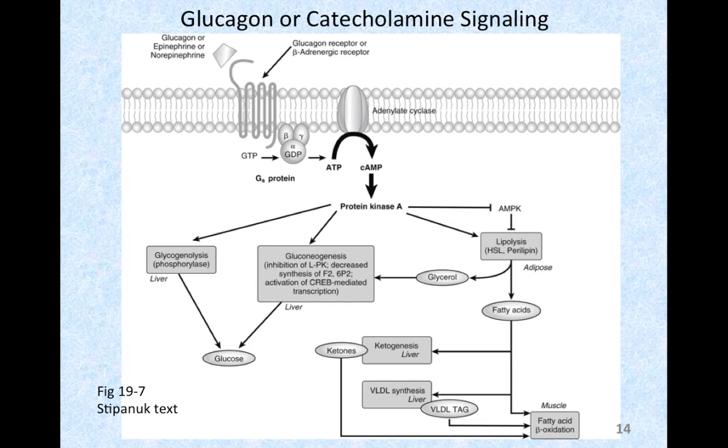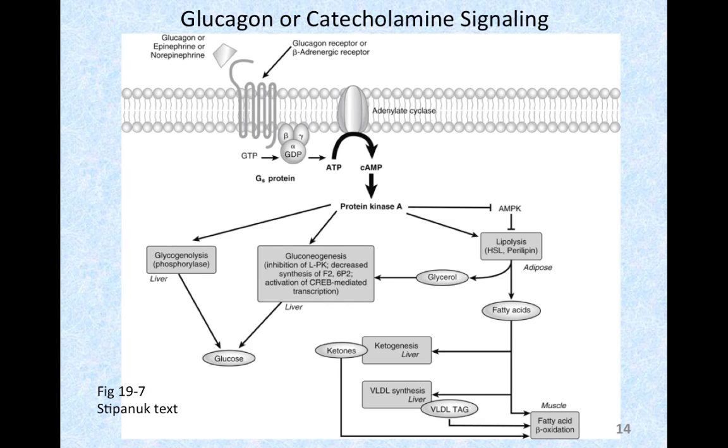Protein kinase A also decreases fructose 2,6-bisphosphate. That's the allosteric regulator of PFK1. So by decreasing fructose 2,6-bisphosphate, you're inhibiting glycolysis, and therefore that promotes gluconeogenesis. Okay? Protein kinase A also stimulates the cyclic AMP response element mediated transcription.